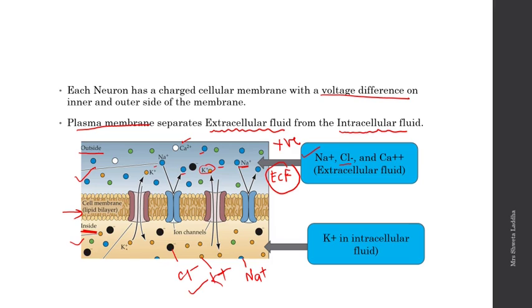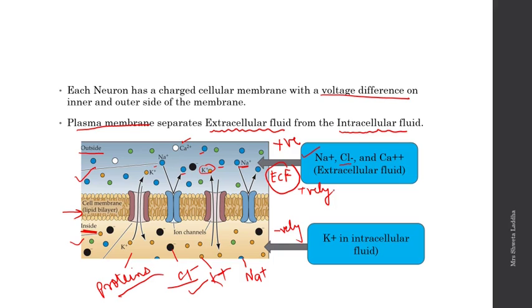And very important, inside there are a lot of proteins which are negatively charged. As there is a lot of protein and chloride, the intracellular fluid is negatively charged. Whereas there is more sodium outside and calcium ions also outside, so it is comparatively positively charged.